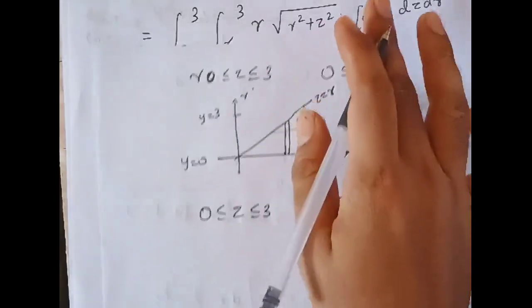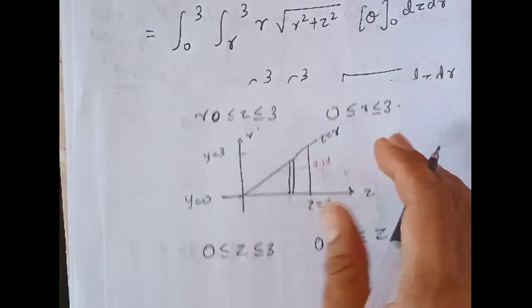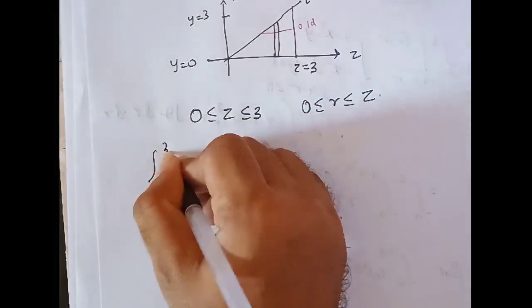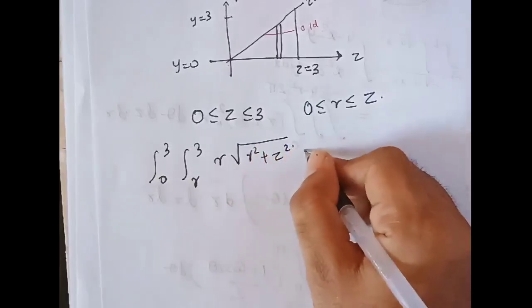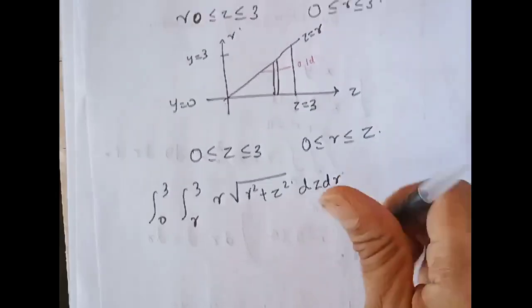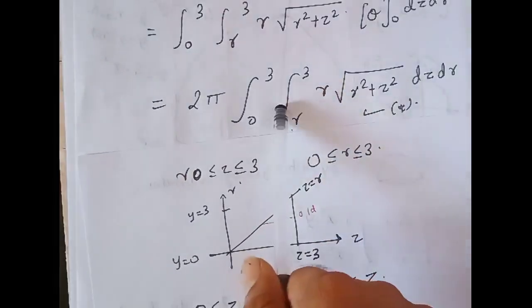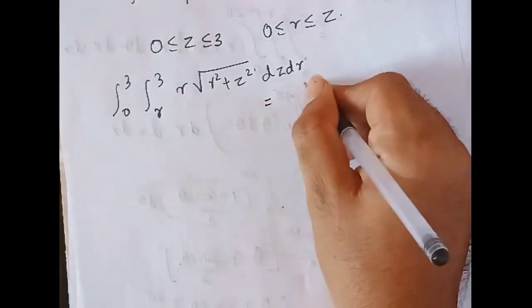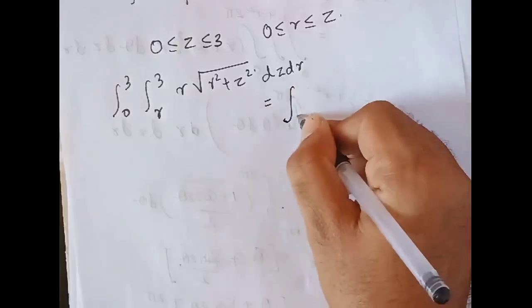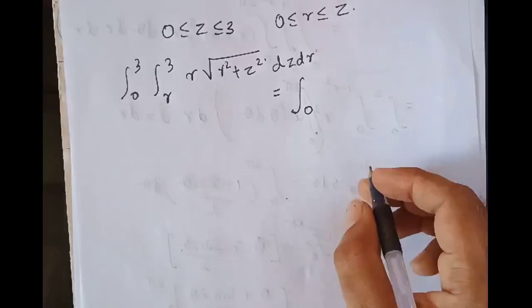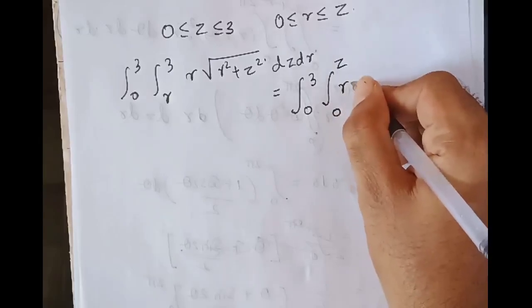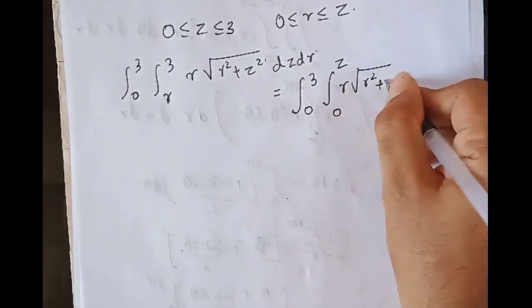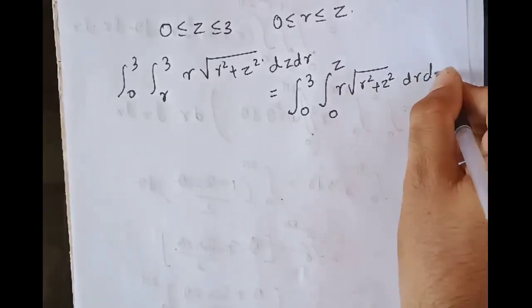Alright, so therefore the integral which we had, 0 to 3, r to 3, r square root of r square plus z square dz dr, that will now be equal to integration 0 to 3 and 0 to z of r square root of r square plus z square dr dz.